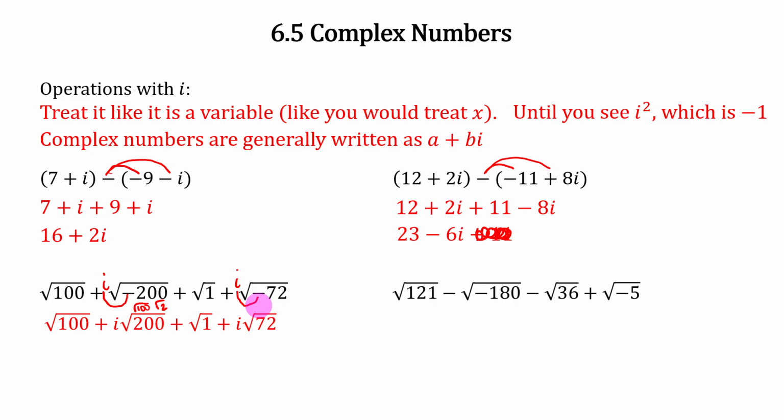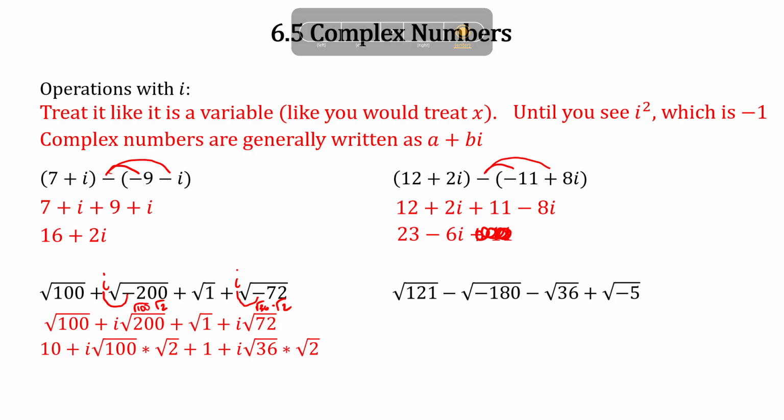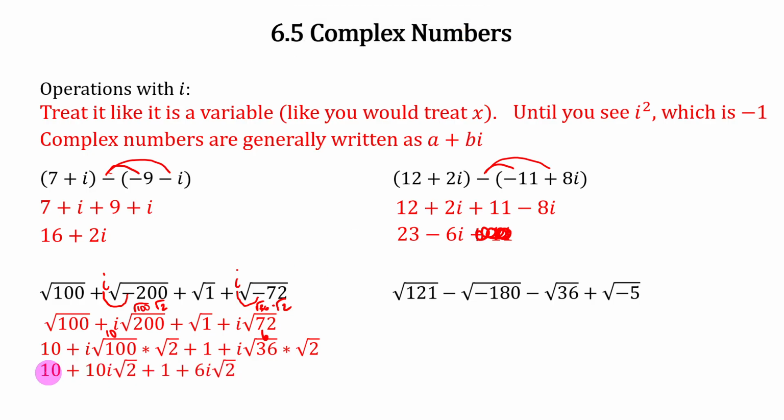This is going to be square root 36 times square root of 2. Oh, and the square root of 1 is just 1. So now this is going to become 10 and this is going to become 6. Now we combine like terms. I can combine the 10 and the 1, and this is like saying 10x plus 6x.